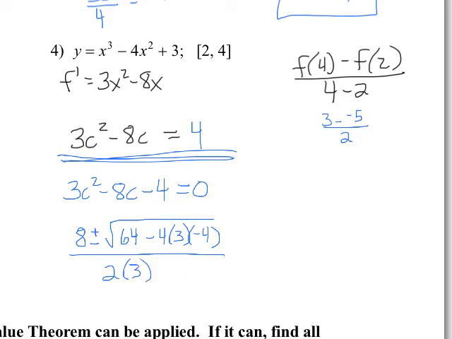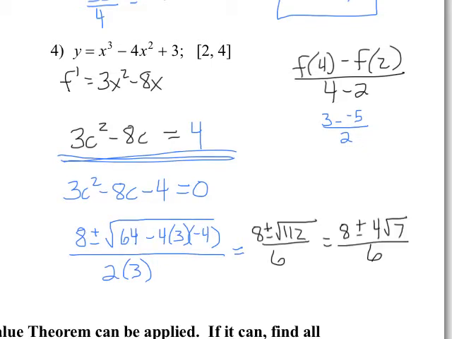And if we simplify this down, we're going to get, alright, so simplified down, there we go. We can actually factor out a 2, and we're going to get 4 plus or minus 2 root 7 all over 3.